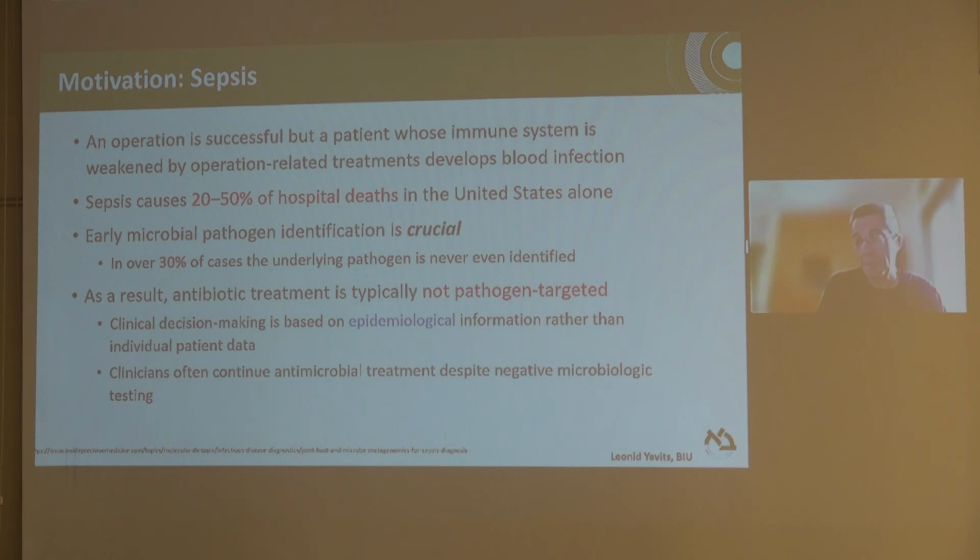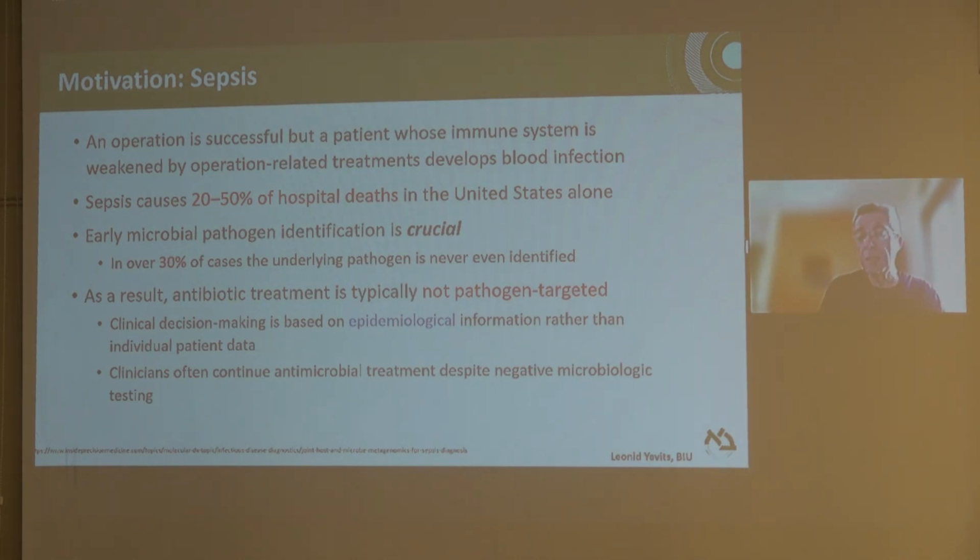I was amazed myself when I learned that up to half of hospital deaths in the United States alone are caused by sepsis. Now, in sepsis, early identification of the microbial pathogen that is responsible for this infection is absolutely critical. If we cannot find out quickly the nature of the pathogen, quickly meaning in hours, maybe a day, then it just might be too late. And what happens in real life, not only can we not identify them quickly, in a third of the cases, the underlying pathogen is not even identified.